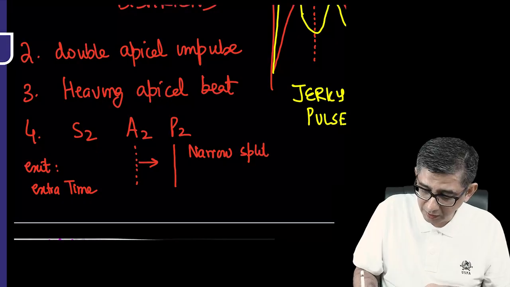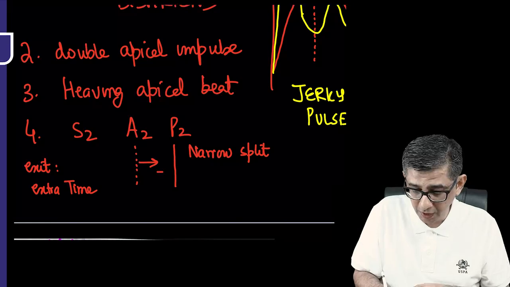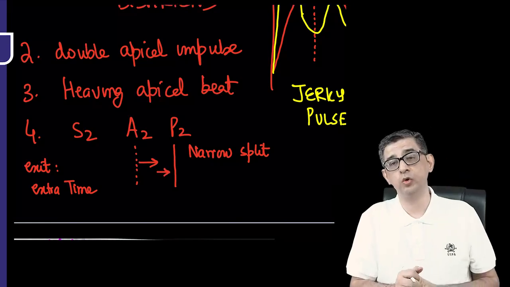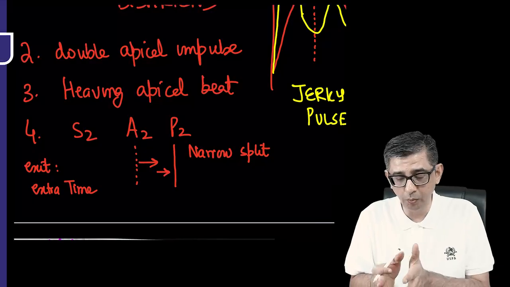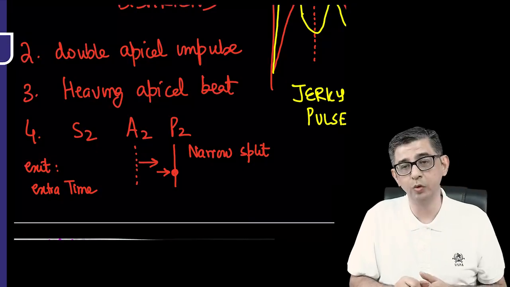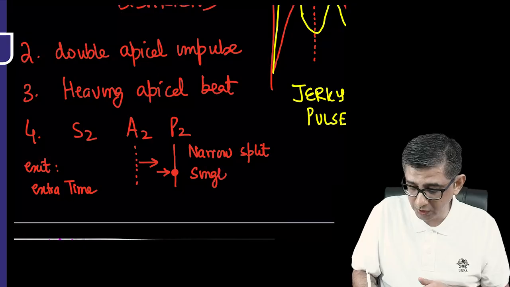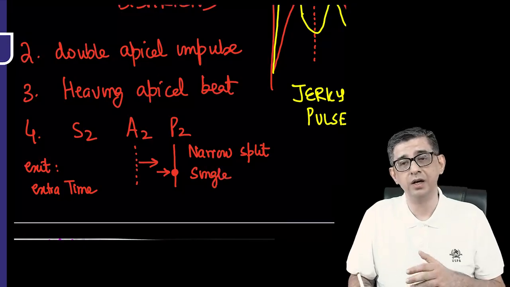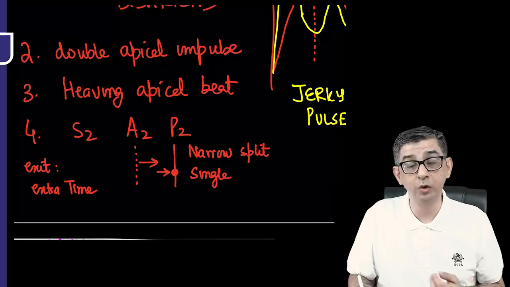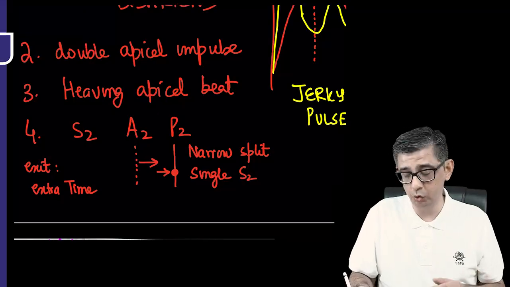In fact, in some of these cases where the hypertrophy will be even more severe, the aortic and the pulmonic valve closure might become even closer, to the level that the aortic and pulmonic valves might be closing at the same time. So no big deal if in the same question, instead of writing the words narrow split second heart sound, he might use the words single S2, or in some cases he might even use the word reverse splitting.